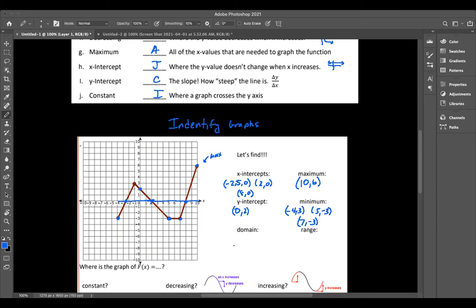So that would be the domain. You have to write it in a certain way, and we're going to start working on that. Basically we'd say that x is greater than or equal to -4. And we also would say x is less than or equal to 10. Sorry, not -10, +10. So that's how you would write that.